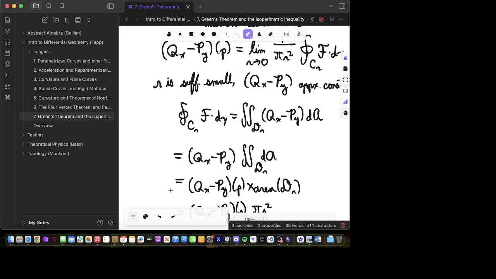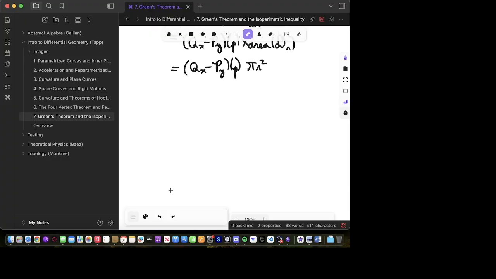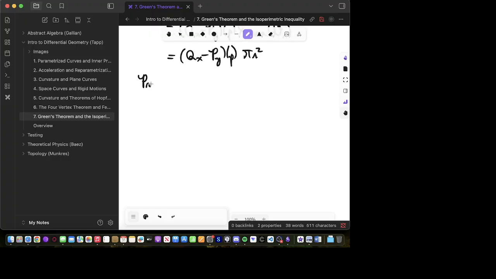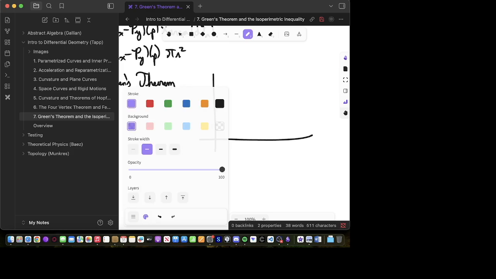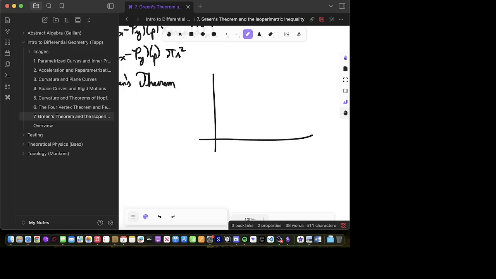So now we prove Green's theorem. Proof of Green's theorem. So we're only going to prove it when we have a rectangle. So when a closed curve is a rectangle.